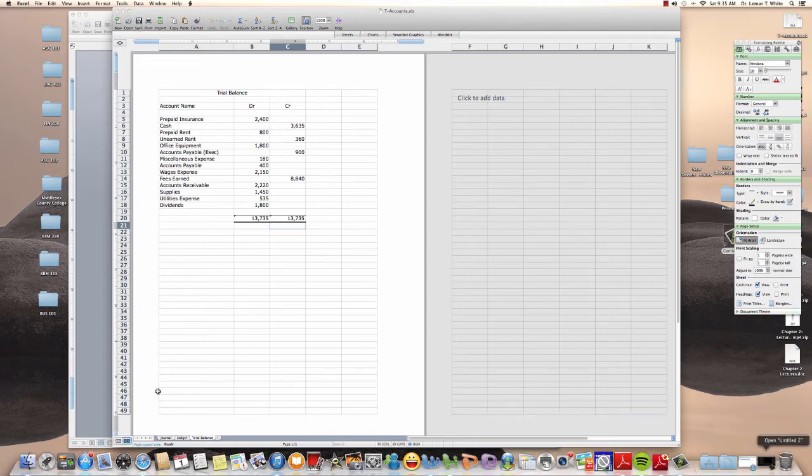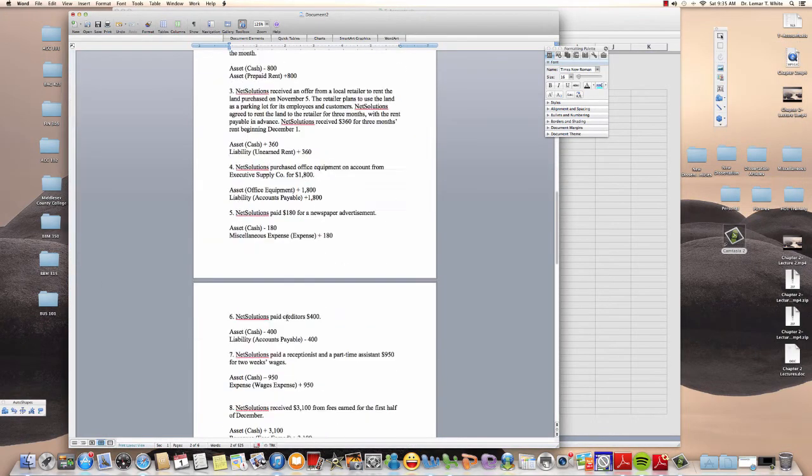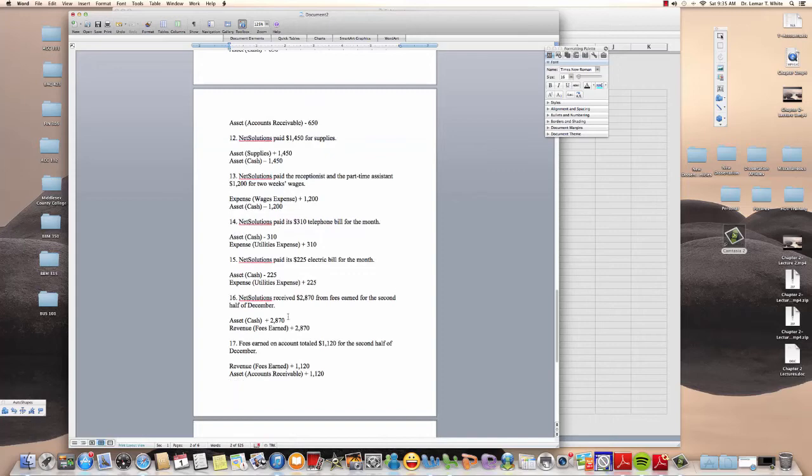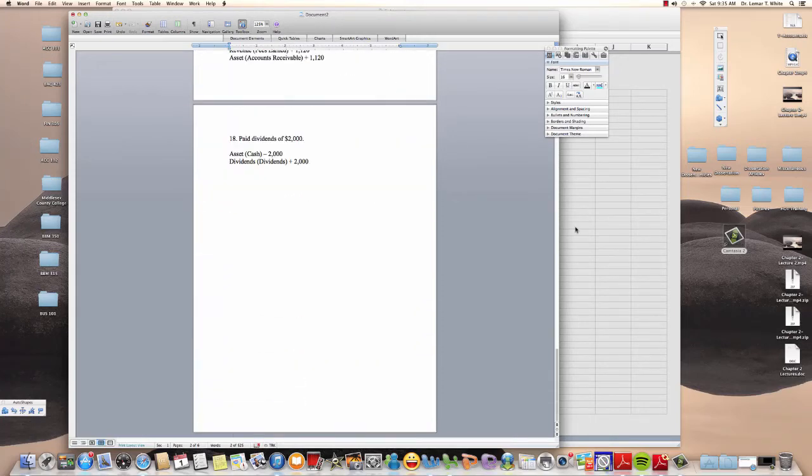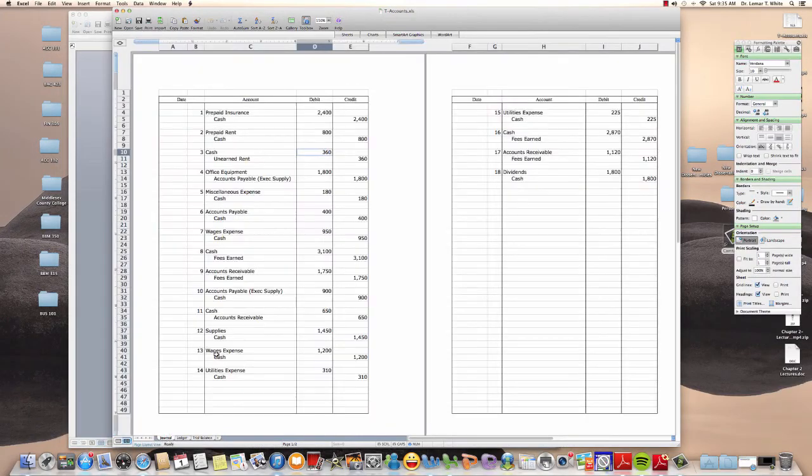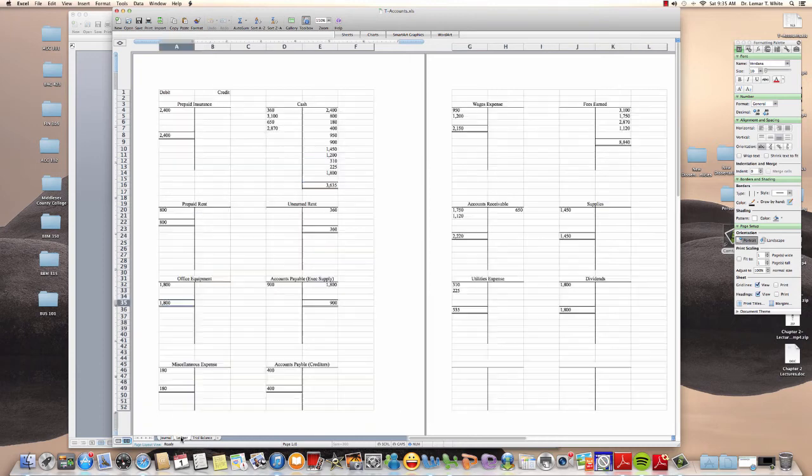All right? So, we've analyzed our transactions. We see our transactions here that we've looked at. Then we posted them to our journal, which is our original book of entry for our records. We posted them to the ledger, which in this class, we use T accounts to represent our ledger.